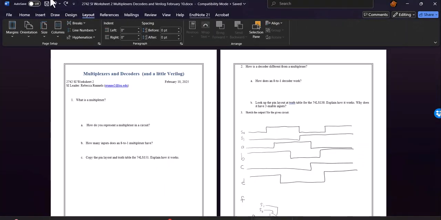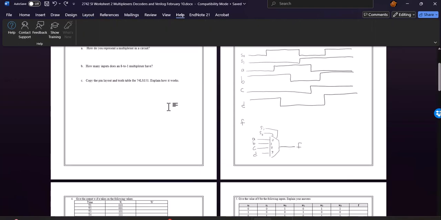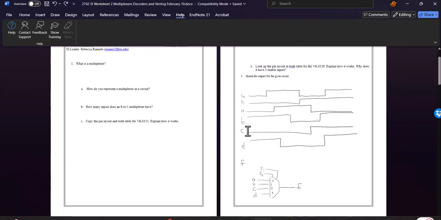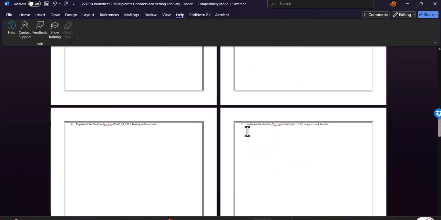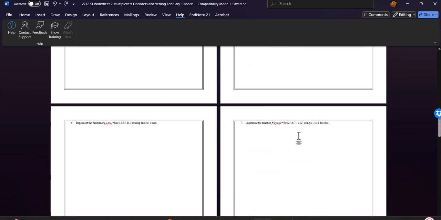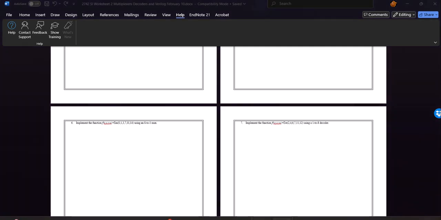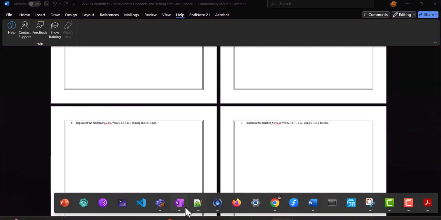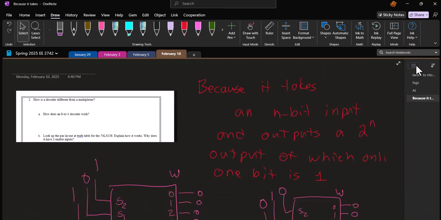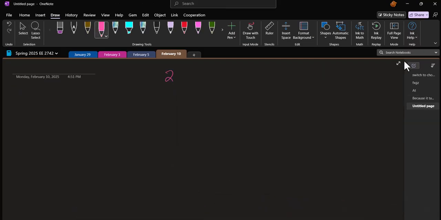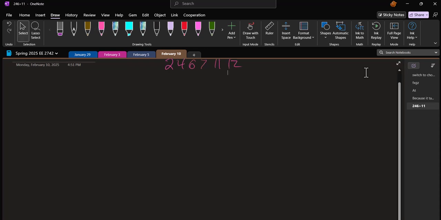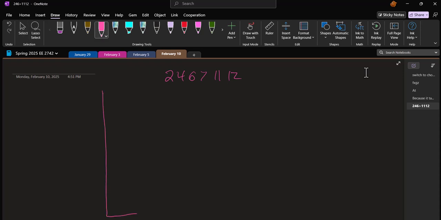The 4-variable function I came up with for no particular reason was minterms 2, 4, 6, 7, 11, 12. So again, make a truth table.